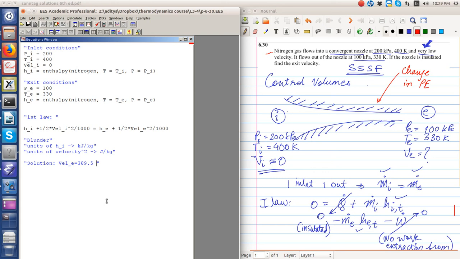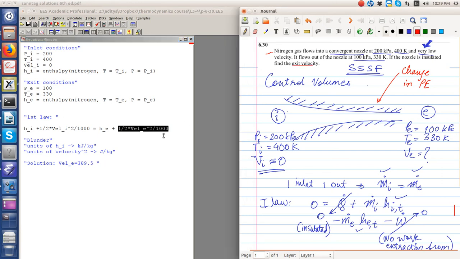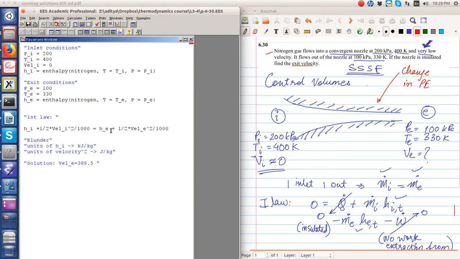The important concept of this question was that we should not neglect the exit velocity, because it is asked what the exit velocity is. We should always remember to make all the units consistent. The unit of the specific enthalpy in this case is kilojoule per kg, and the unit of half velocity square must be made appropriate. Alright.